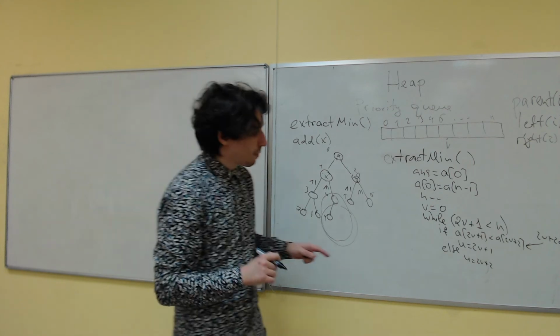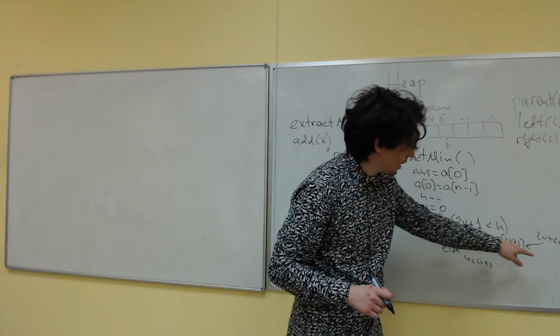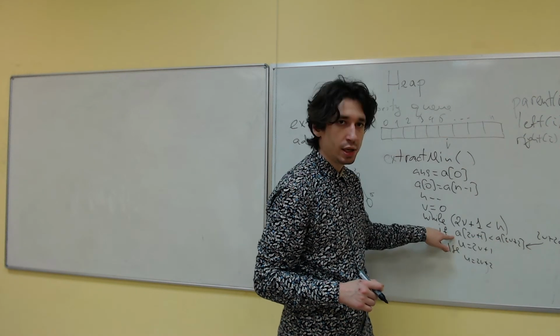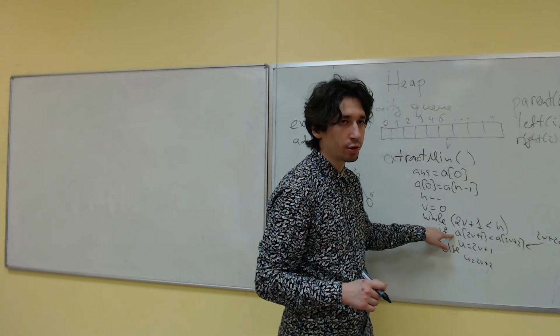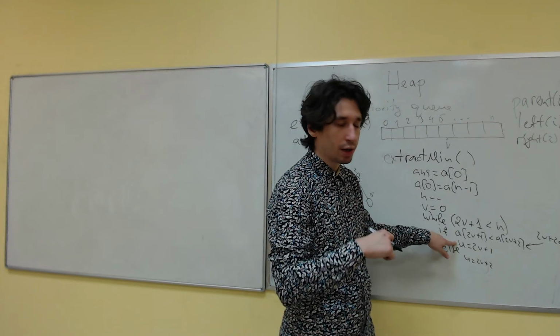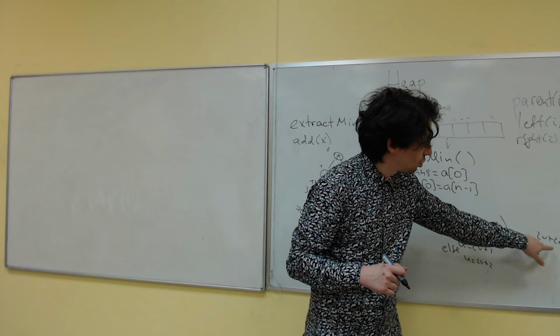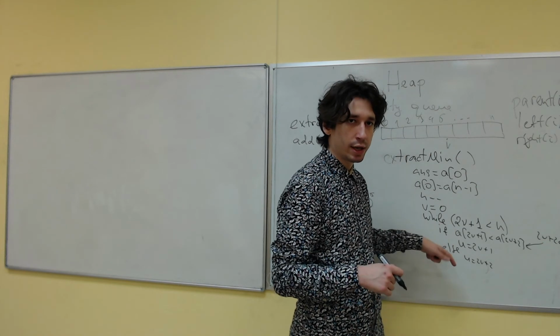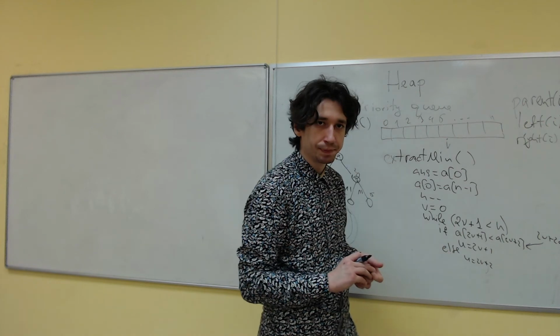So if 2v plus 2 is bigger than or equal to n, then 2v plus 1 is the only child, so it should be it. Otherwise, it is 2v plus 2.